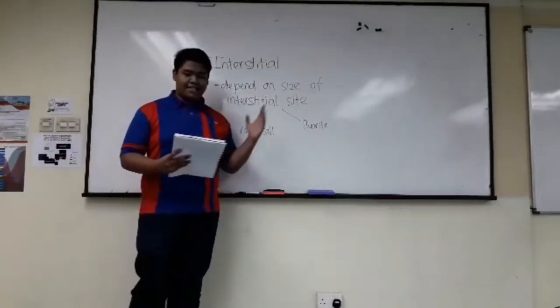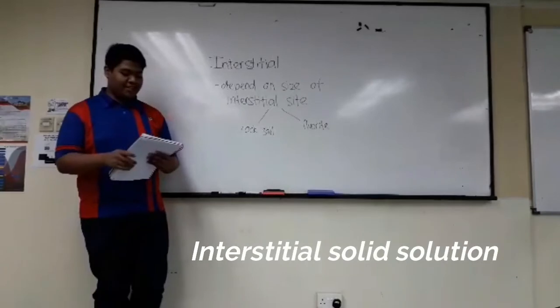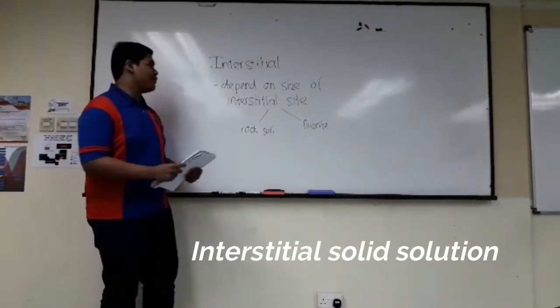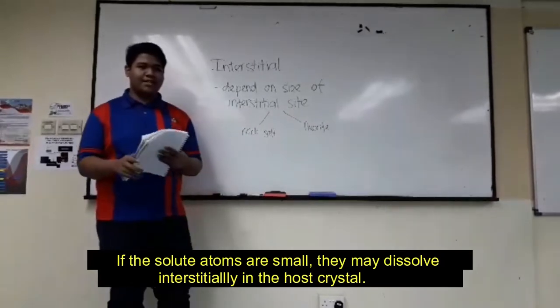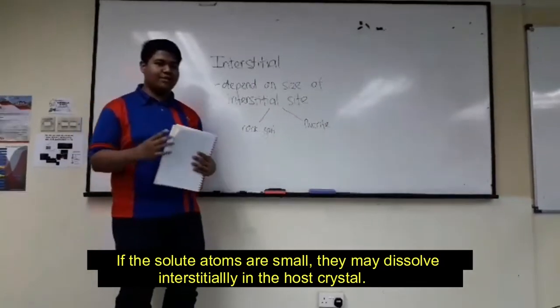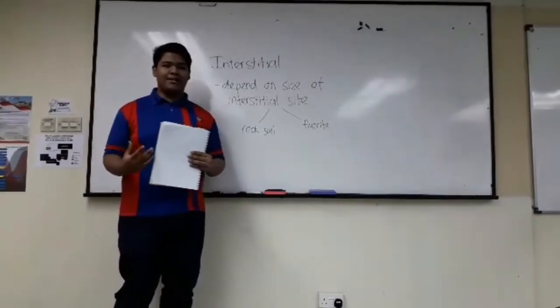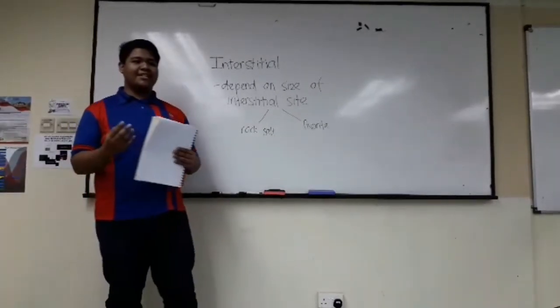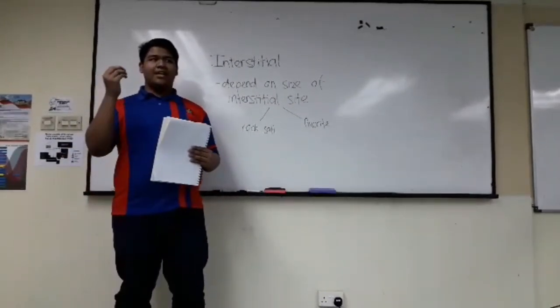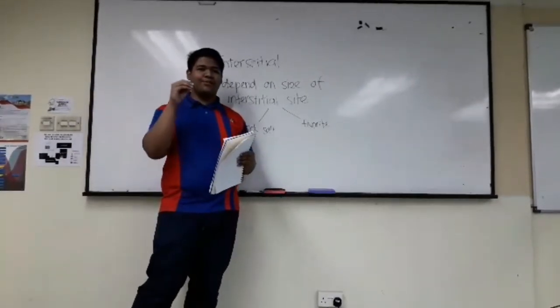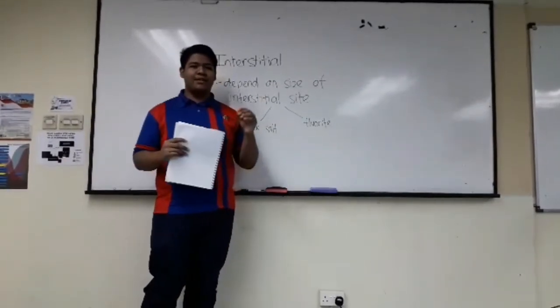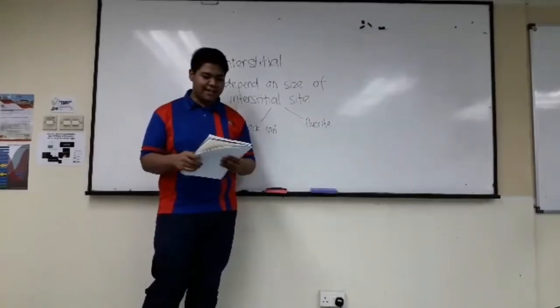Next is interstitial solid solution. For interstitial, the solute atom is small, so it dissolves interstitially into the host. Like we learned before, the small atom will try to penetrate into the vacancies of the close packed atoms.